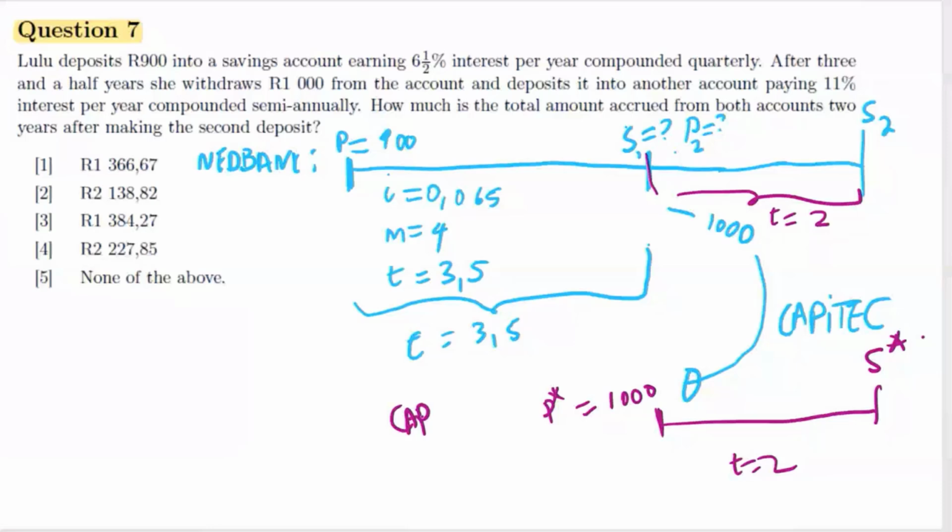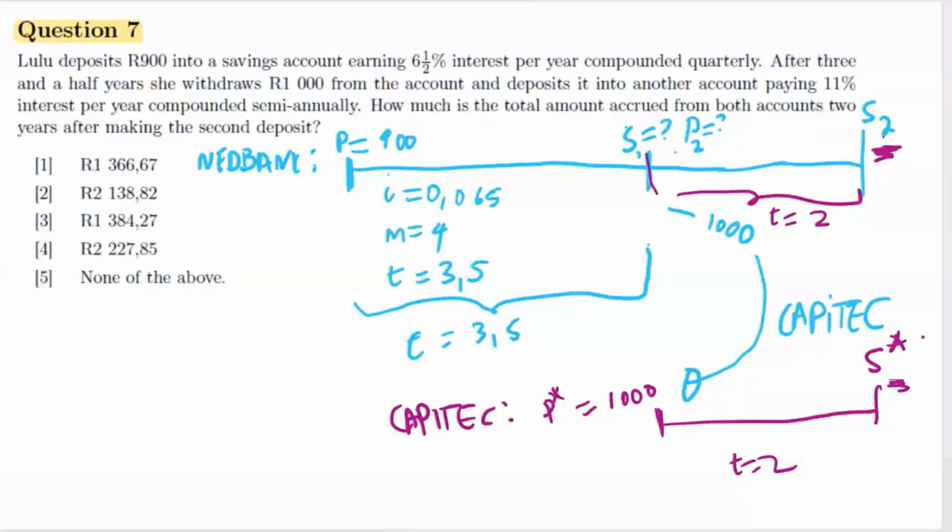The question here is, we want to know how much has been accrued from both accounts. We want to know how much is at Netbank at the end of the period. We want to know how much is at Capitec. So we want to know what S2 is, and what the star is, that is the amount at Capitec. Then we are going to combine those total amounts.